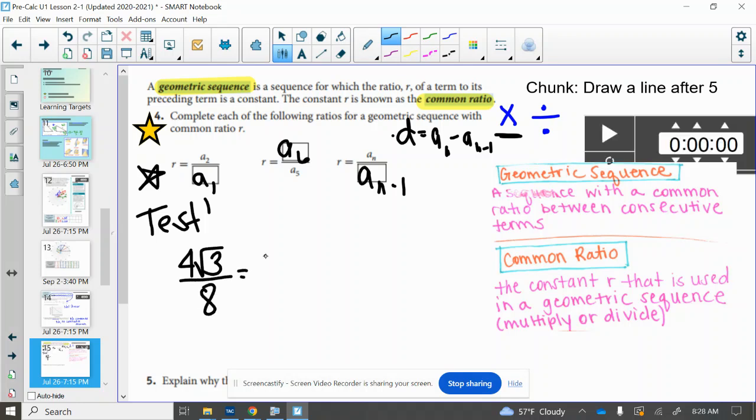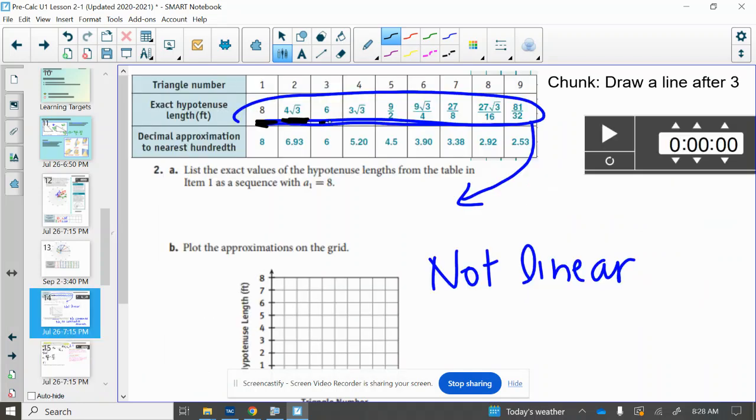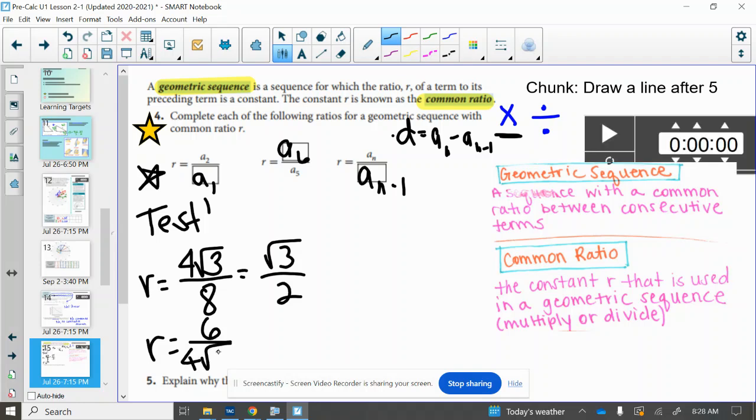This is going to reduce to be 1 over 2, 1 square root 3 over 2. And then if we test this out for another set, let's say we do term 3 divided by term 2.